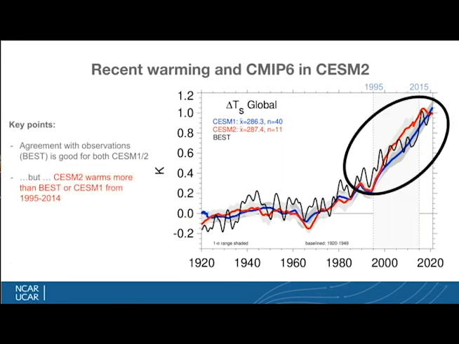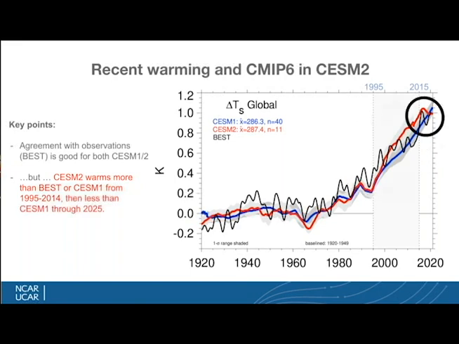However, if you want to look a little more carefully, right at the end of the 20th century, beginning of the 21st century, it's pretty clear that CESM2 warms up faster than either CESM1 or BEST, the estimate, which is somewhat puzzling.